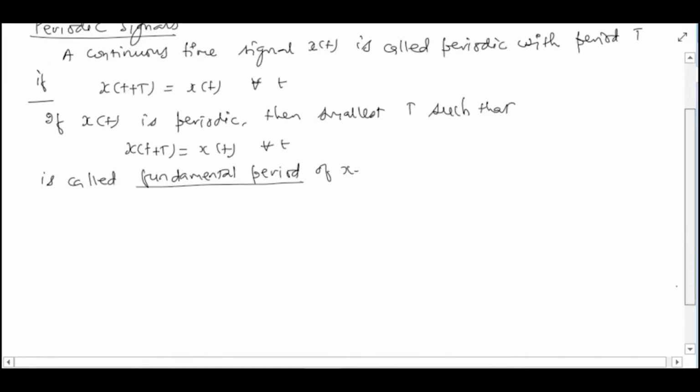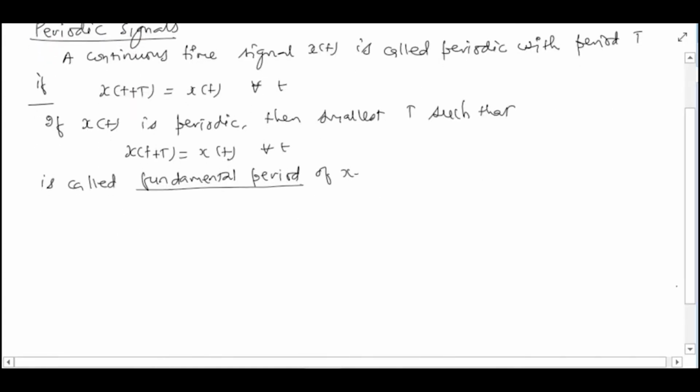Notice that the fundamental period is a period of x(t), and any integer multiple of the fundamental period is also a period of x. Here are examples.